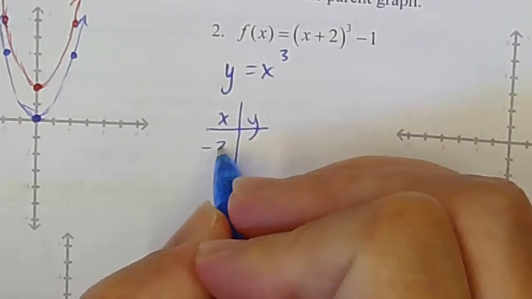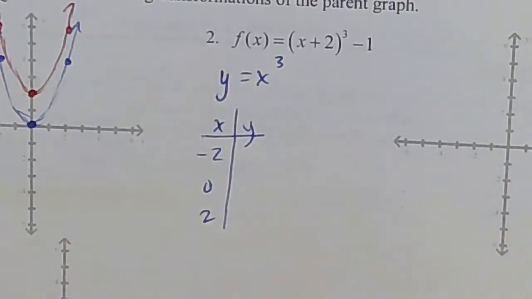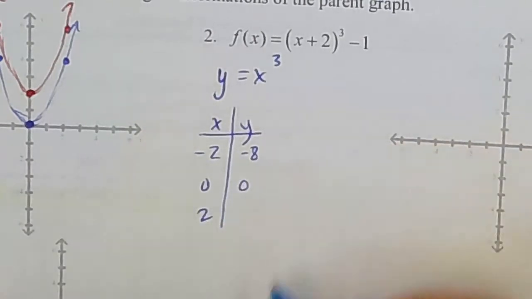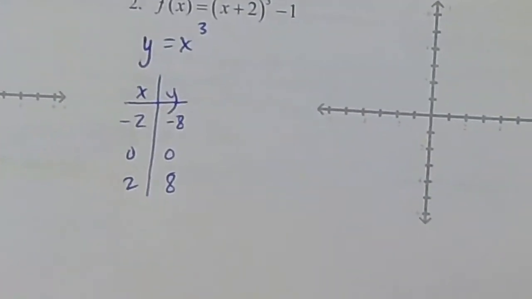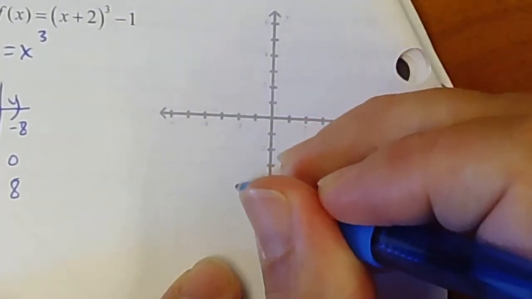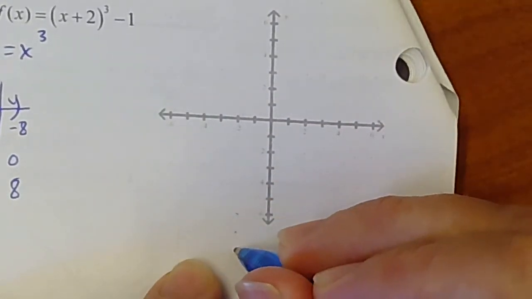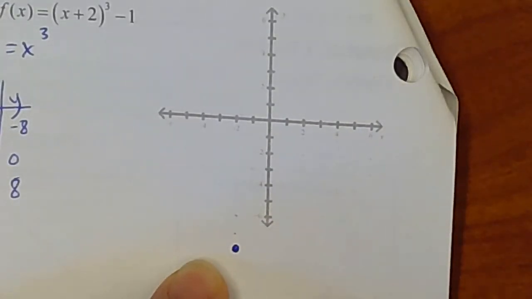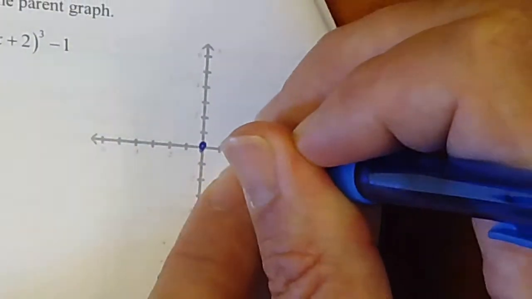Let's stick with -2, 0, and 2 as our input values. -2 to the 3rd power is -8. 0 cubed is 0, and 2 cubed is +8. This slides off this coordinate plane a little bit, but we can still estimate where it's going to be at. So here's -6, go down about 2 more units to there. 0, 0, and then 2, 8.